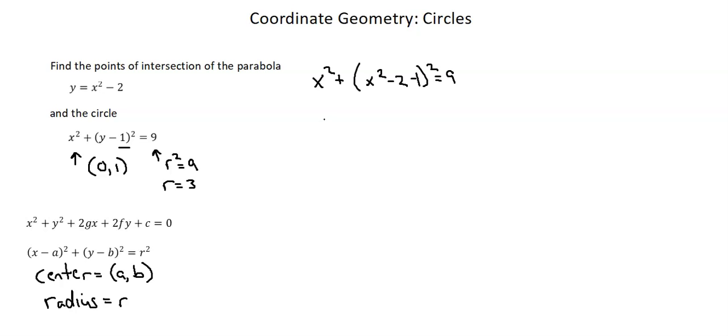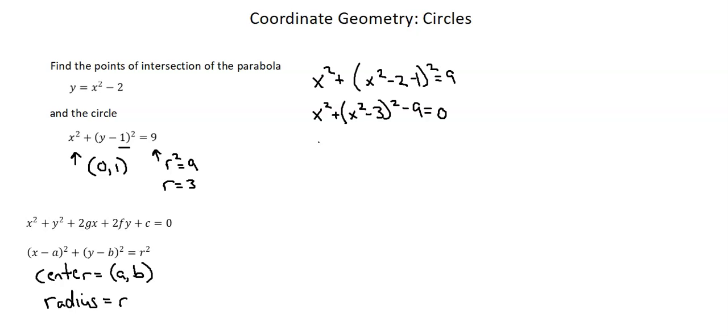Let's continue to solve the equation we're working on. x squared plus quantity x squared minus 2 minus 1 is x squared minus 3 squared. I'll move my 9 over because I'm going to be working with a quadratic, or at least a quadratic, perhaps a higher power.